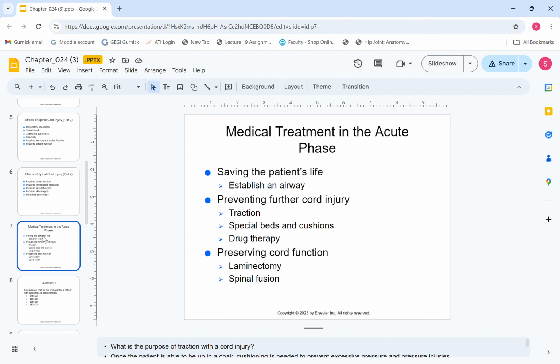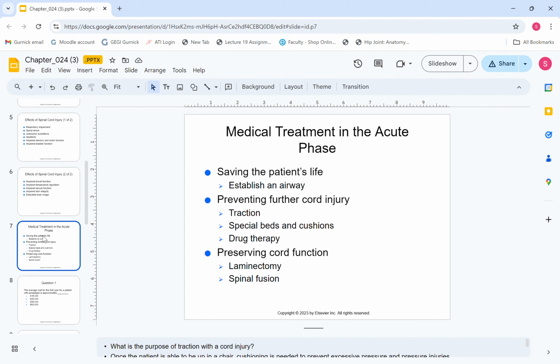All right, our first priority is to save their life, of course. So we're going to run over there and give rescue breaths if needed, if the injury is that high up, right? C5 or above. All right, our second priority is preventing further cord injury. So you see somebody with a spinal cord injury, all right, after making sure they're breathing or giving them rescue breaths, they're going to put on maybe a specially made collar for their neck to keep their spine of their neck still, or maybe something on the neck and the torso.